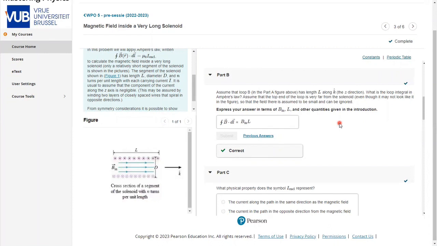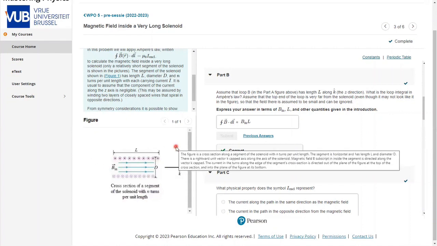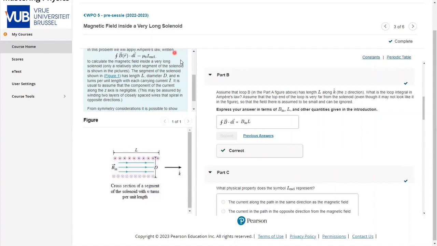So this one is L, L and B are parallel. They just want to tell you that.